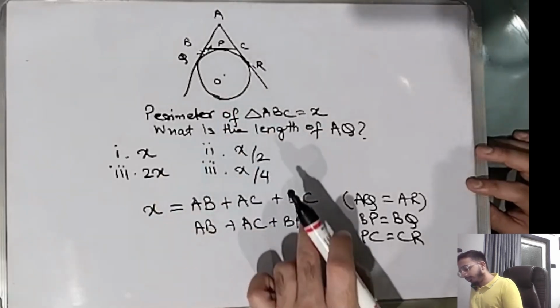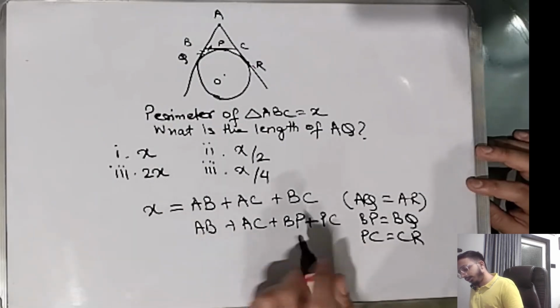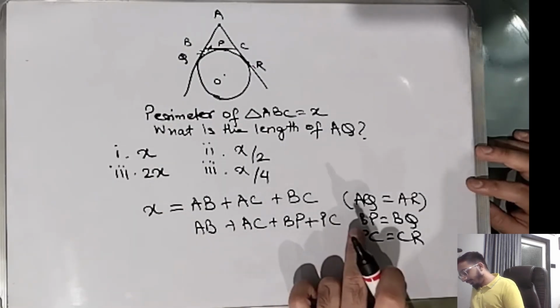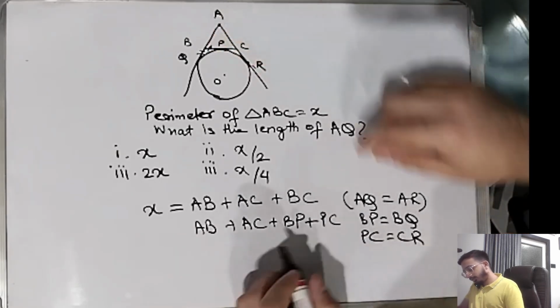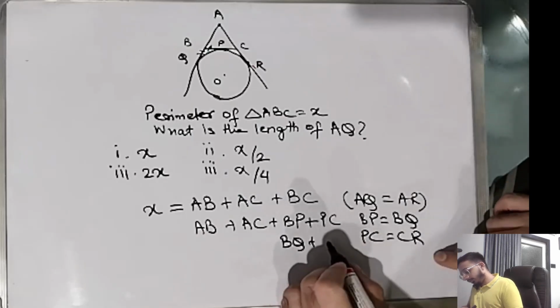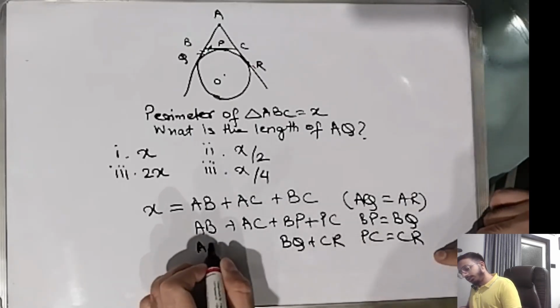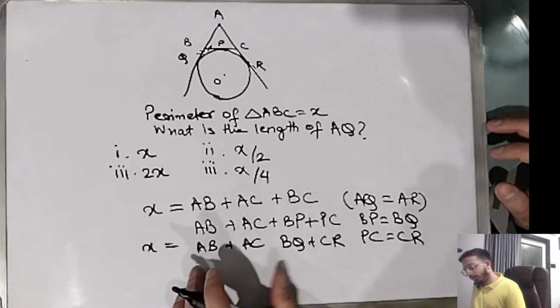So I'm splitting BC as BP and PC, right? And now I know that BP is equals to BQ and PC is equals to CR. So I will replace BP with BQ and PC with CR, and this I write as it is. So now what do we get?